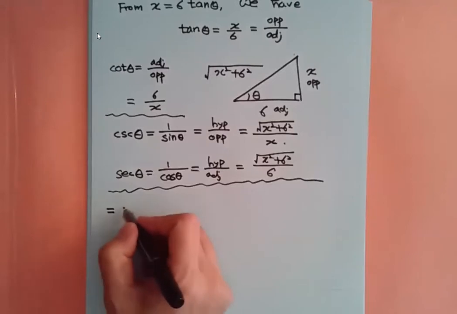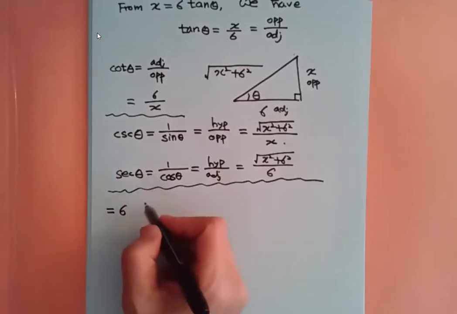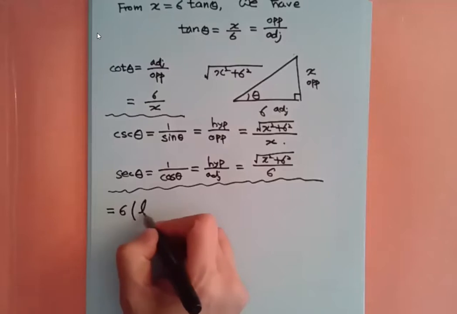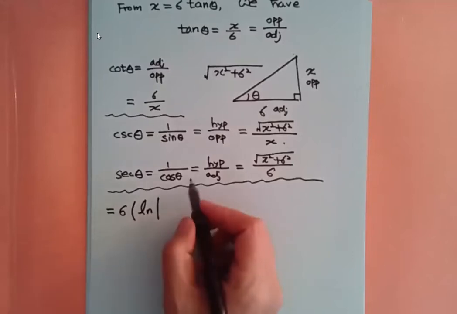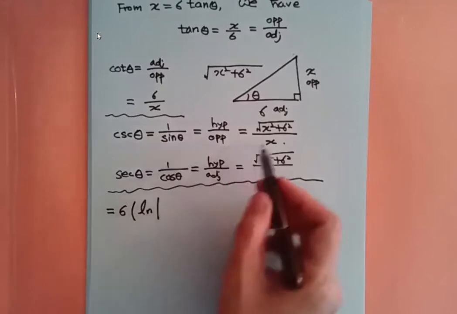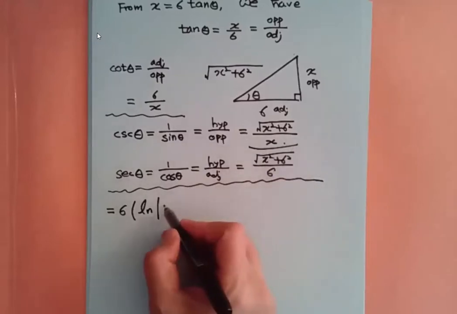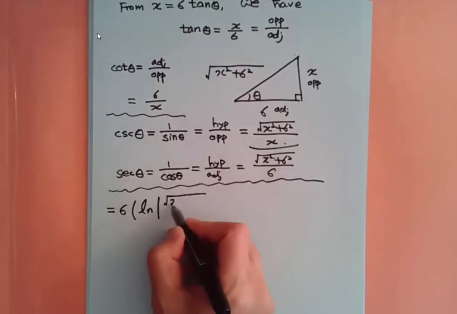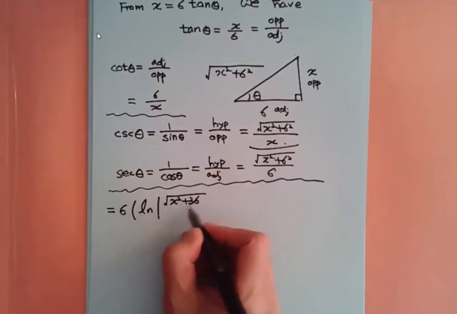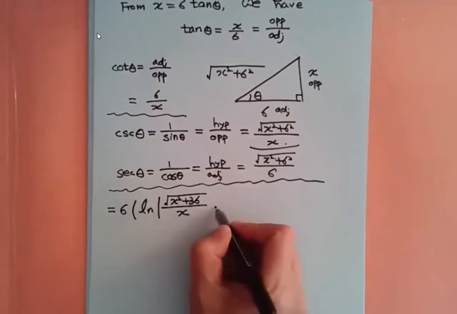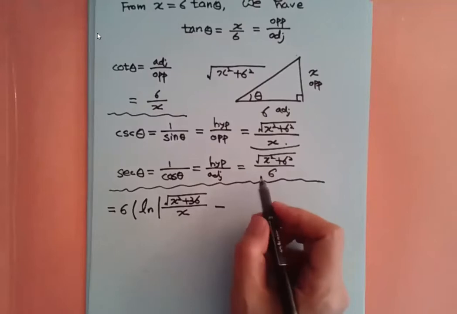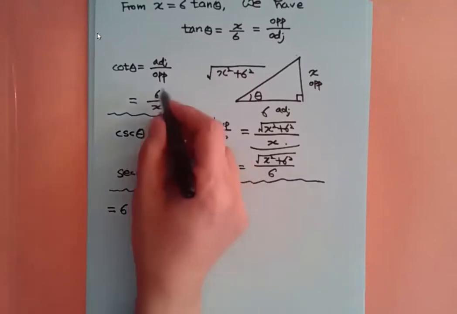So we will combine all these together, then 6 times natural log of absolute value of, instead of cosecant, we will write this. So that becomes square root of x squared plus 36 over x minus, instead of cotangent, we will write this one.